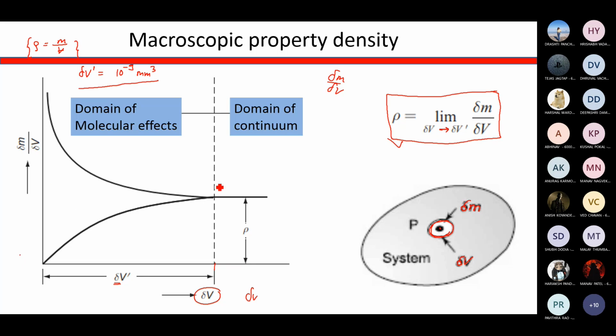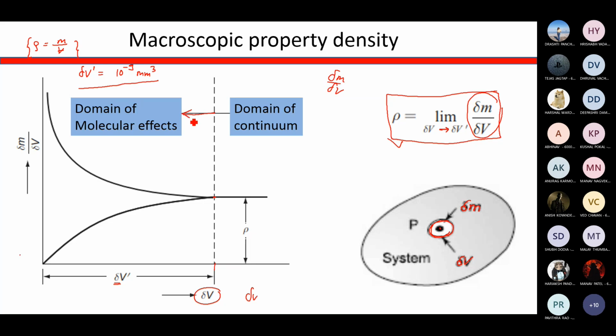What is plotted in this graph is delta m by delta v on the y-axis, and on the x-axis we have delta v. This shows how the density varies. For example, you can see there is one dotted line here. This zone is called the domain of molecular effects.